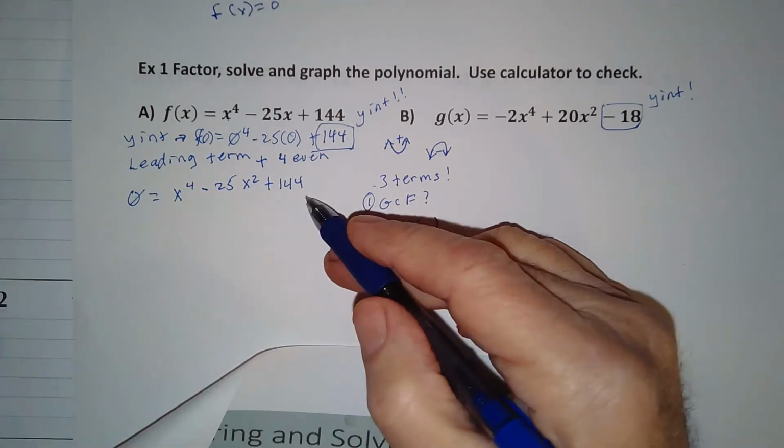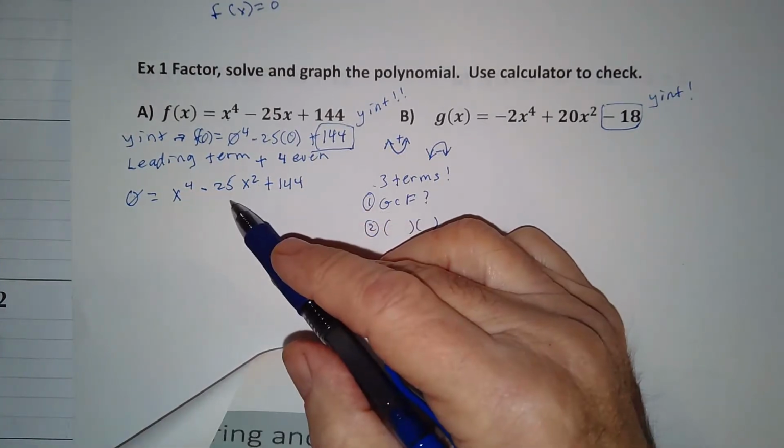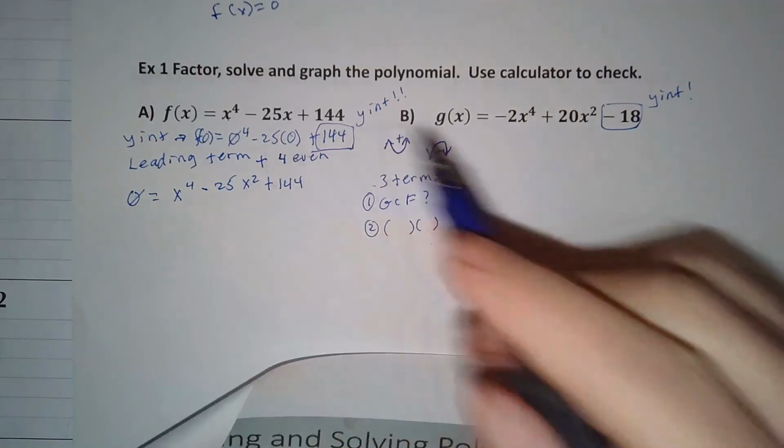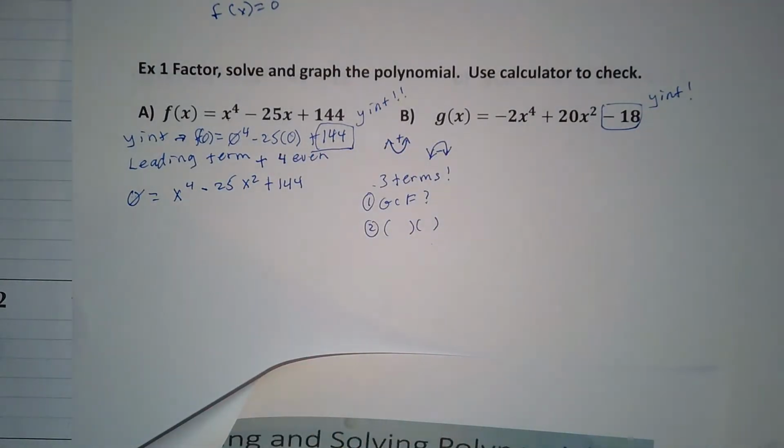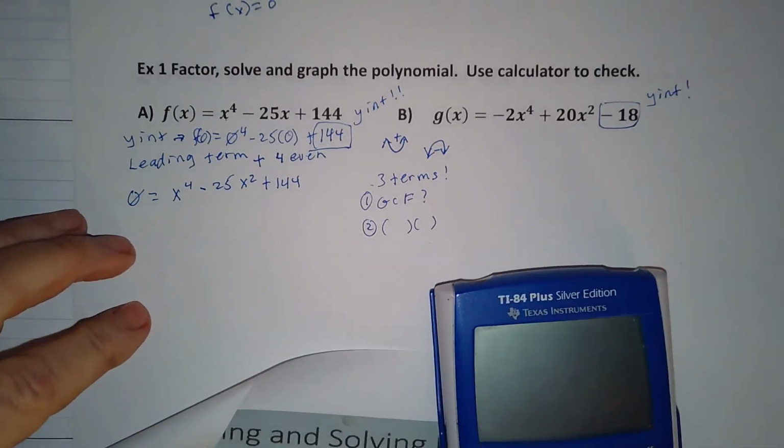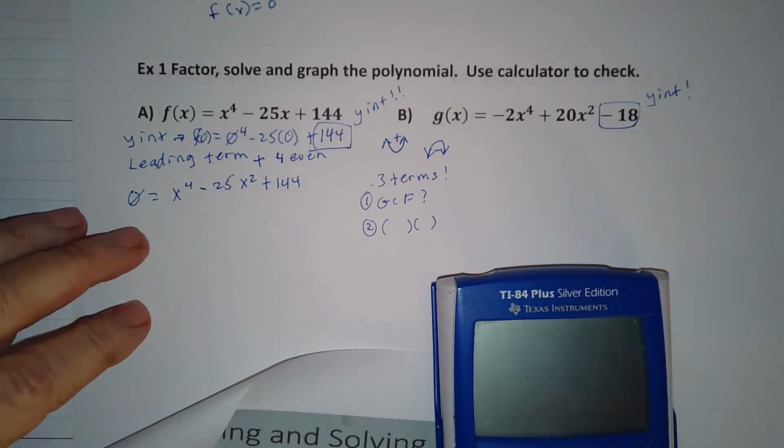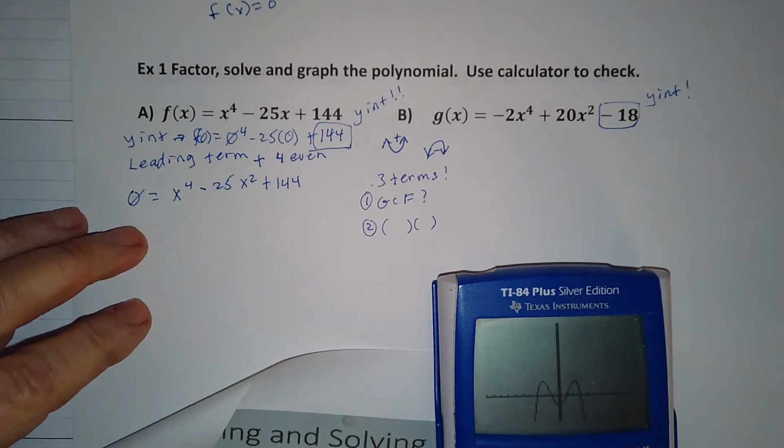I mean, you could say it's 12 times 12, but we have to find two terms that when added together equal negative 25. So obviously there are going to be two negative numbers there. And I just happen to know, and I'm just going to give this to you for the sake of time, that you can divide 16 into 144. So those are the factors we want to choose.